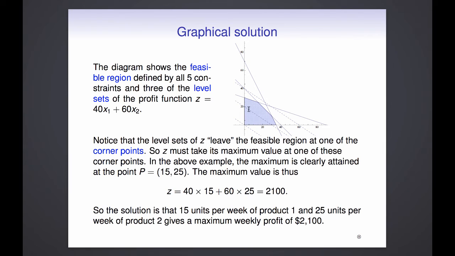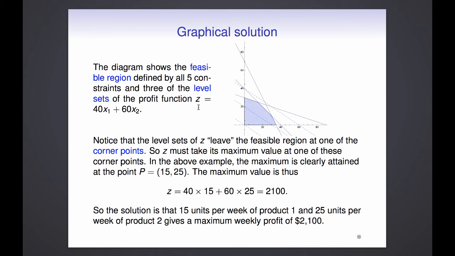The one that goes through the point where x1 is equal to 60 and x2 is equal to 0 must be the equation corresponding to z equal to 60 times 40, which is 2,400.